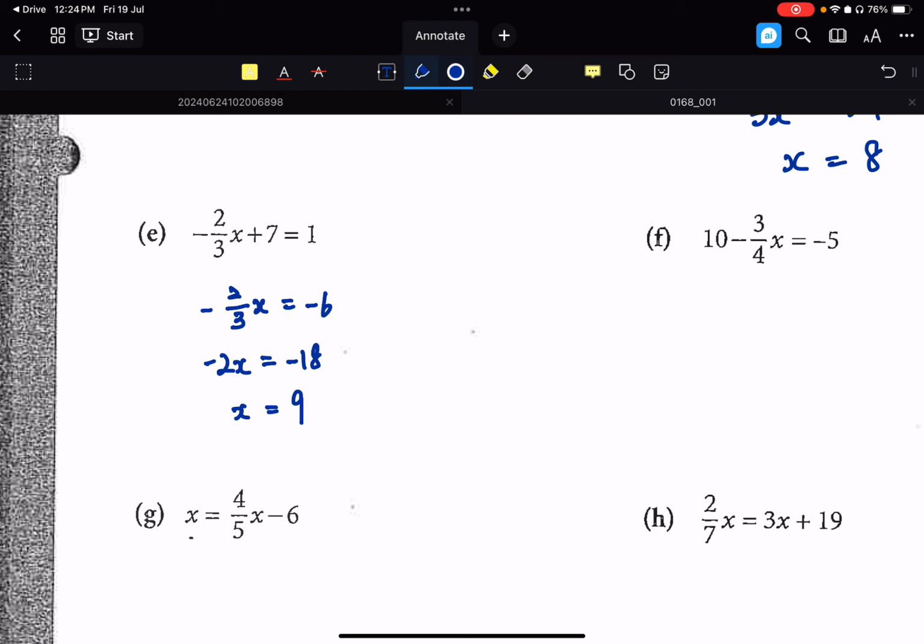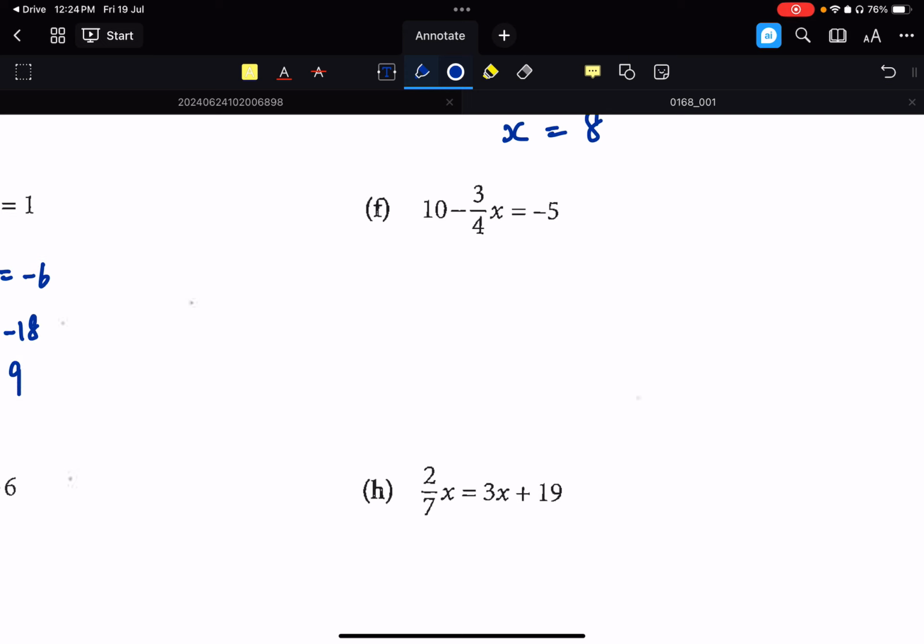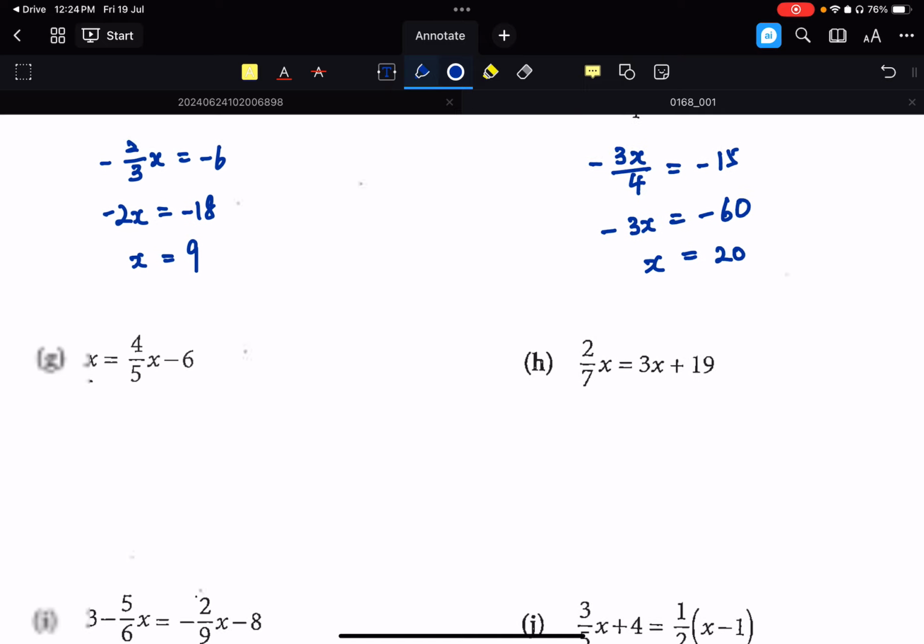Remember, a negative number divided by a negative number gives us a positive. Okay, so on this side, we can do the same thing again. Negative 3x over 4. This will be negative 5 minus 10, negative 15, right? If I multiply this by 4, I will get negative 60. So negative 60 divided by negative 3 gives us positive 20. Okay, that's one way you can do this, right?